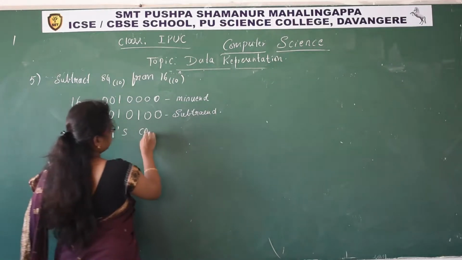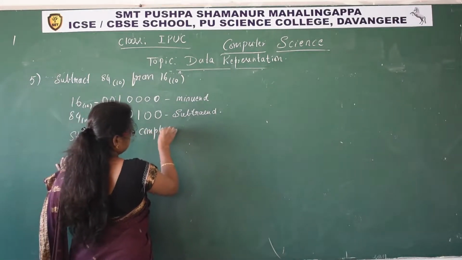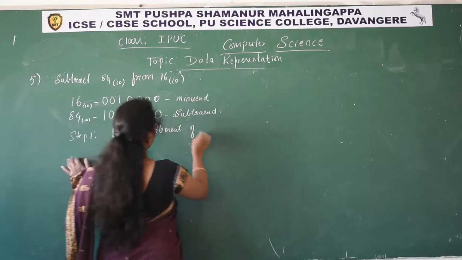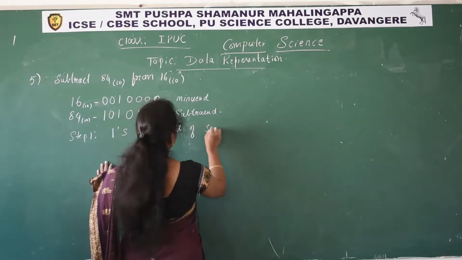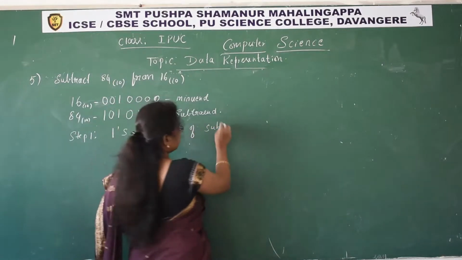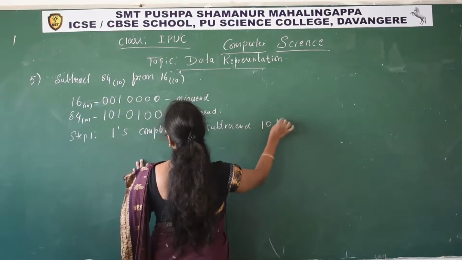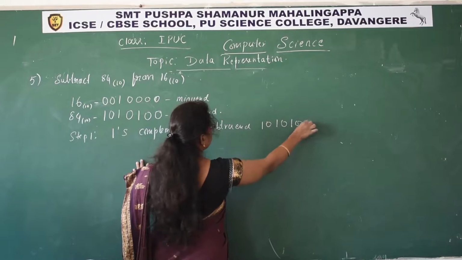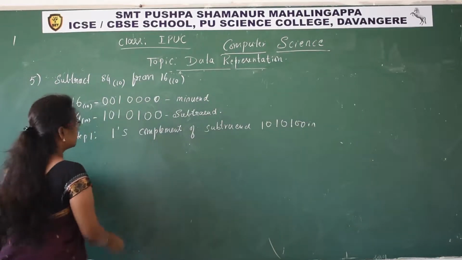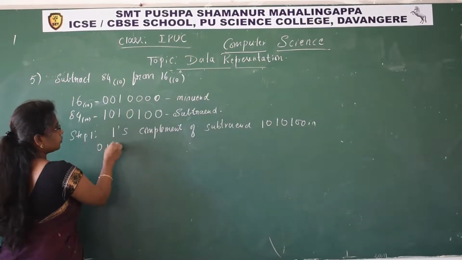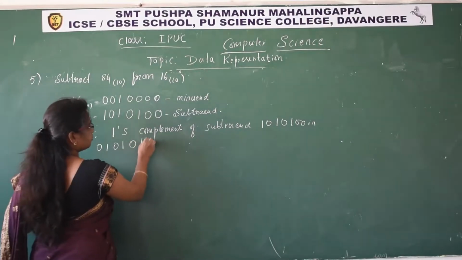One's complement of the subtrahend, that is 1010100, is 0101011 base 2.